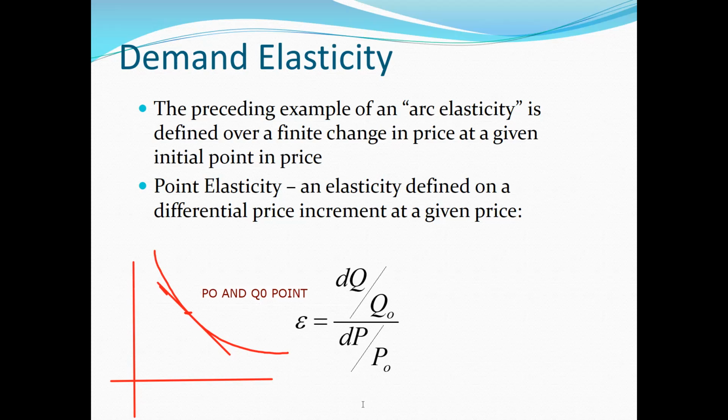So P naught and Q naught, not P O, but P naught. Those points are given by P naught and Q naught, and you can define elasticity at a given point then.